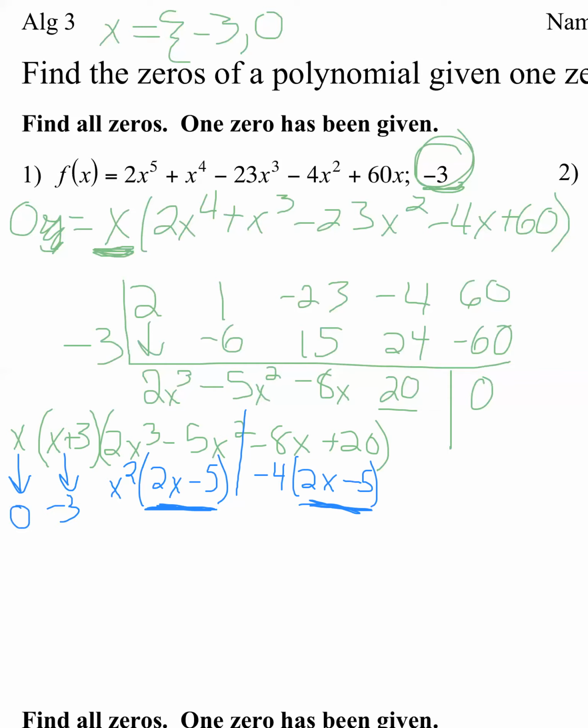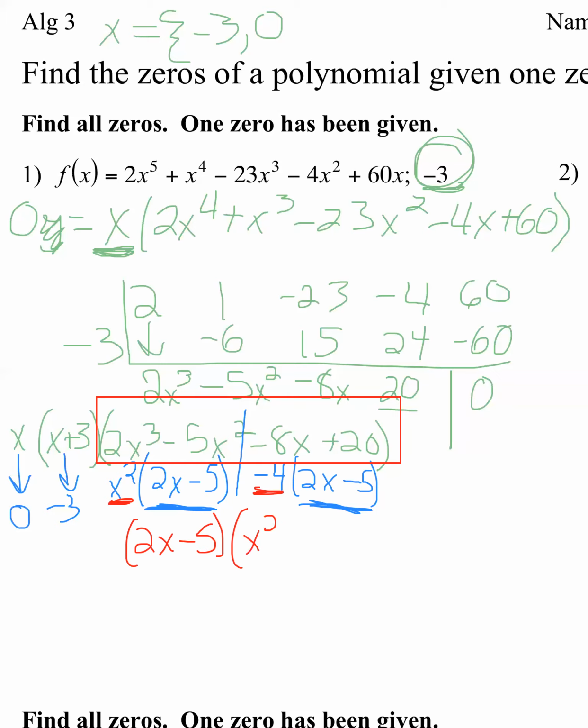So now that means that this polynomial right here just factored into this. I take the 2x minus 5 that they share, and then the other one is what's out in front, the x squared minus 4.